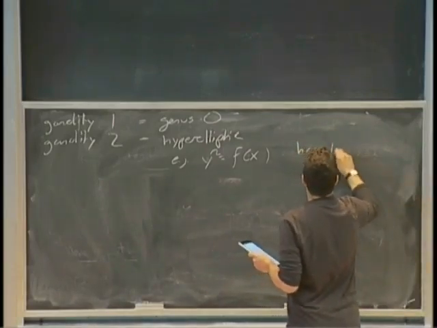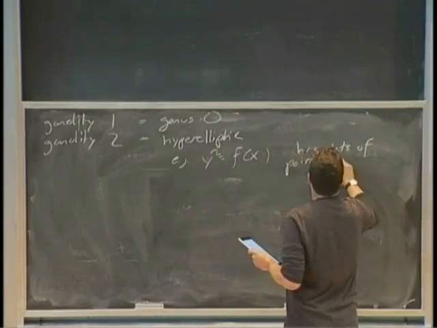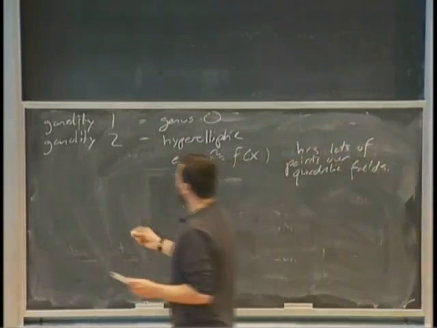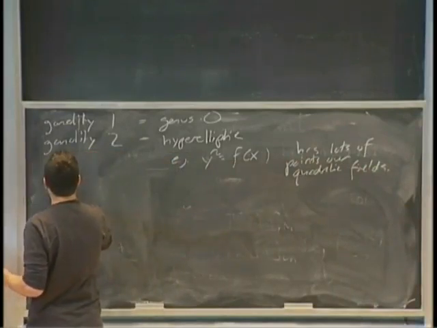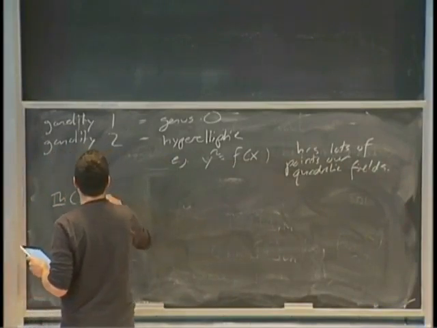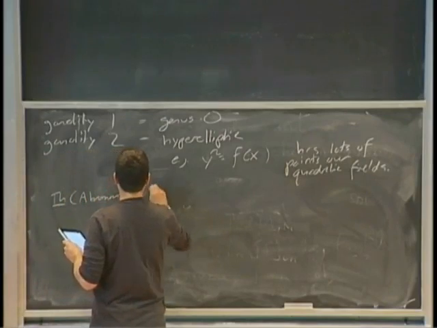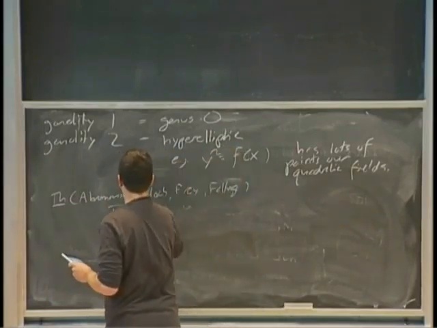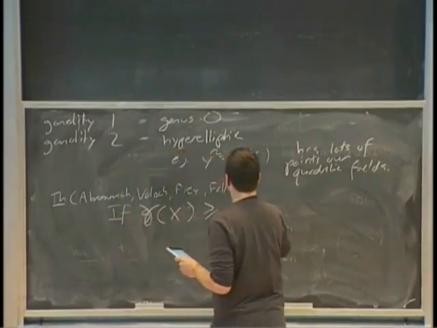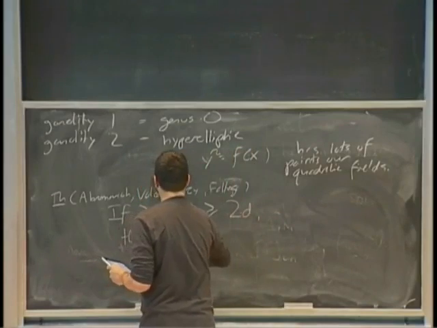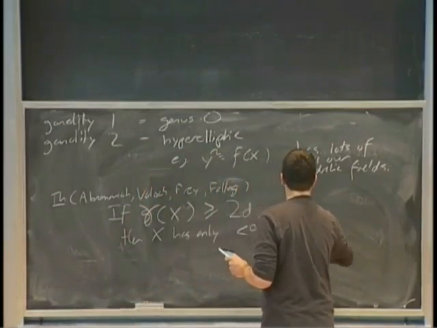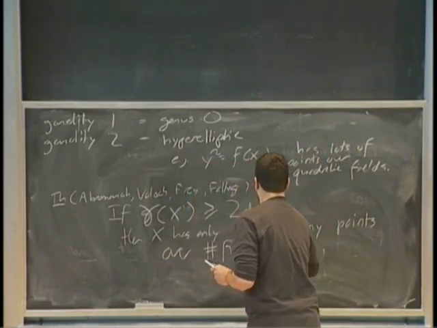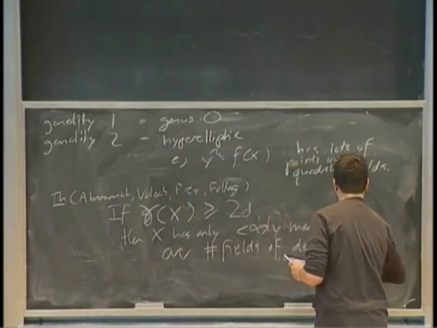So the application of studying gonality to arithmetic geometry is the following theorem, due to Abramovich and Harris, and Frey, and probably Faltings too: if the gonality of X is bigger than or equal to 2d, then X has only finitely many points over number fields of degree less than or equal to d.